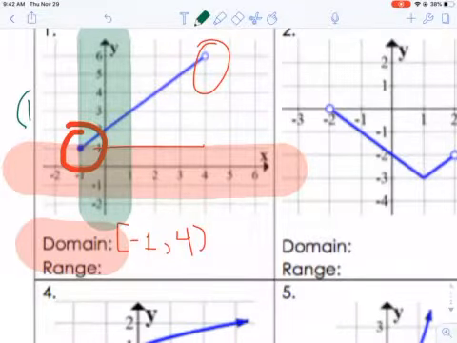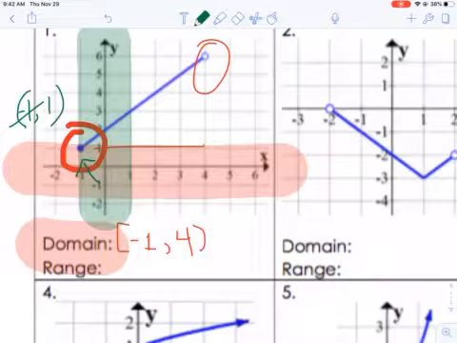My point is -1, +1. Now this time, I don't care about the x-axis, because all I care about is the range. So I don't care about that first value. All I care about is that second value. So the bottom of the function, the lowest point, would be right here. So it's going to be +1. And again, since we have a solid dot, I'm going to go with a bracket.